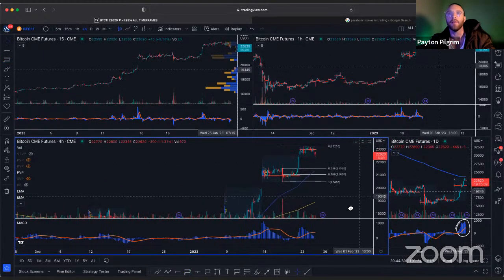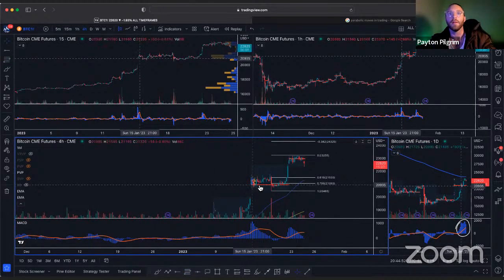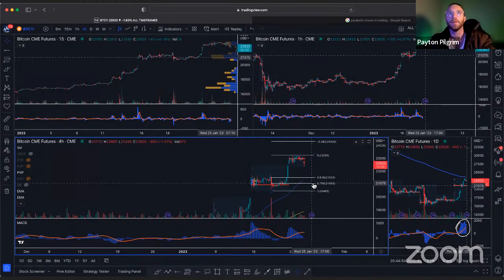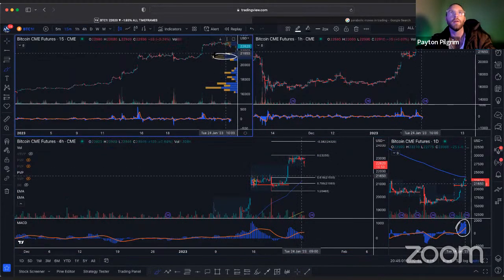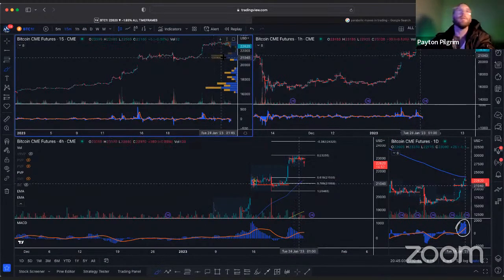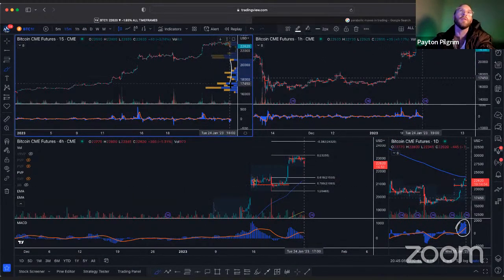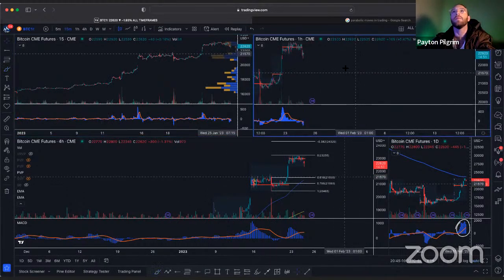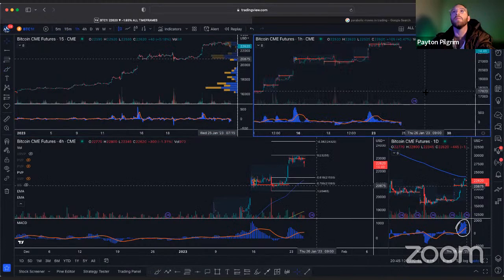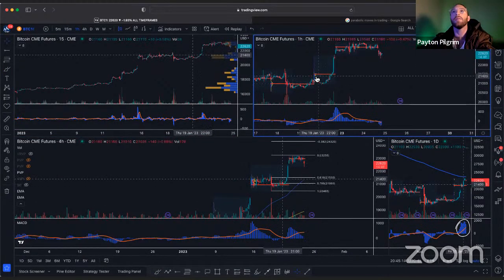And this volume lines up perfectly here. You can see it on the 15-minute here with this volume profile. And if it fails, it's falling straight through, so that's fine with me. There's more volume right here, confirming it on the 1 hour.